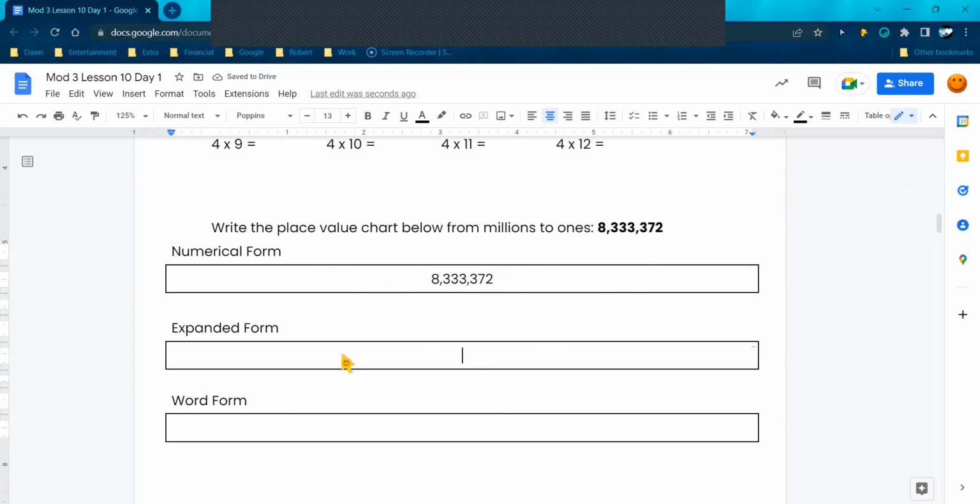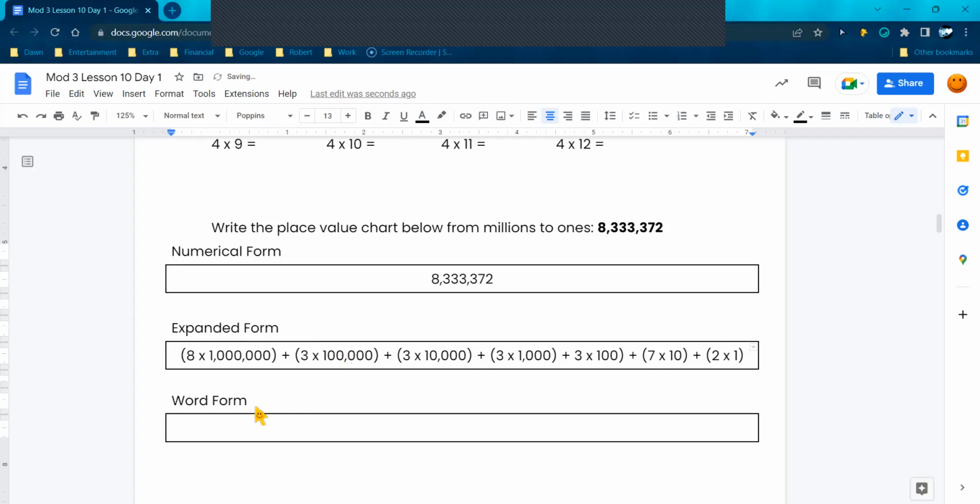This is numerical form, you guys. It's just the number. And then in expanded form, it looks like this. 8 times 1 million plus 3 times 100,000 plus 3 times 10,000 plus 3 times 1,000 plus 3 times 100 plus 7 times 10 plus 2 times 1.